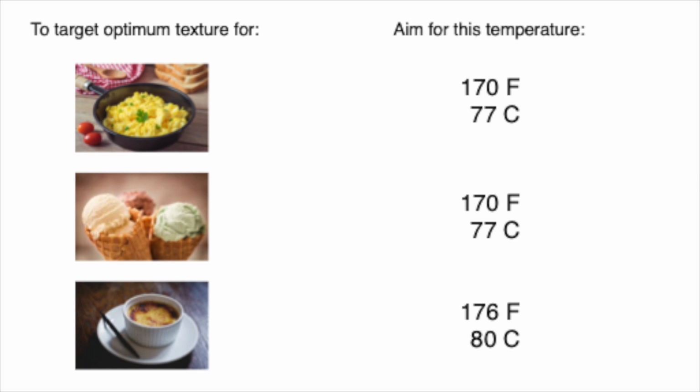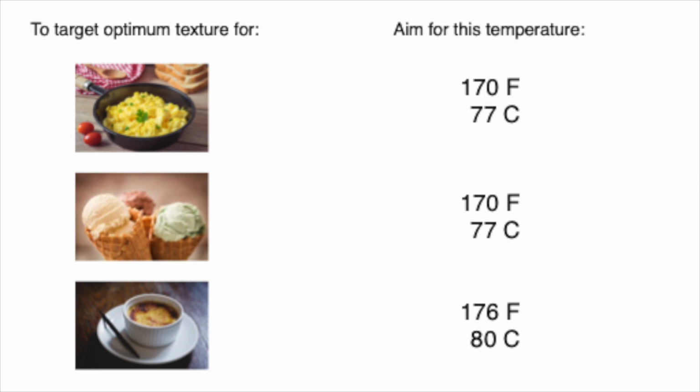Now, will this knowledge make you a better cook of eggs? Maybe, maybe not. But this is really useful information. I want you to look at a couple of the dishes I have here on the left. You see scrambled eggs and ice cream and creme brulee. All of these require some sort of making of a custard. And in making these, there are certain temperatures that you want to reach.